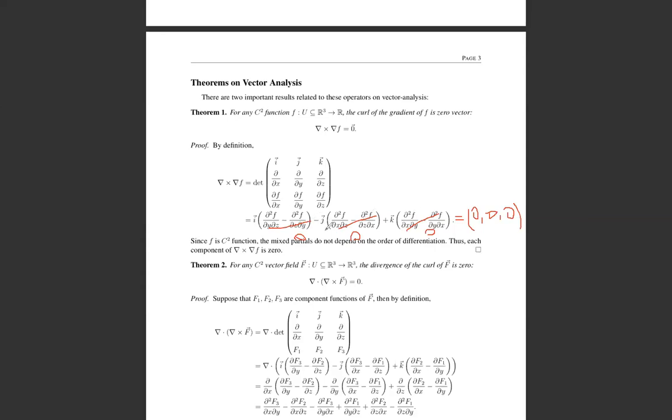Okay. The next one is that the divergence of a curl is 0. So a curl is divergence free. Why is that?